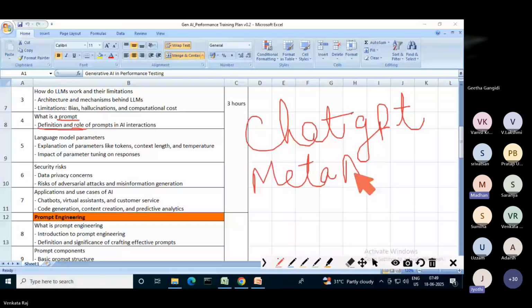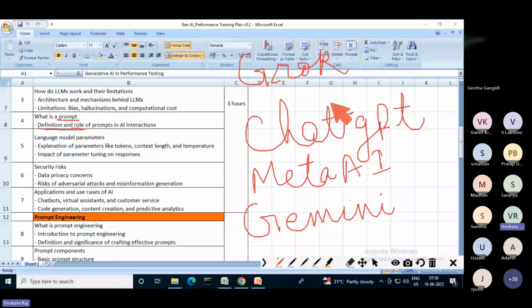Gemini. Grok. DeepSeek. Yes, nice, very good.